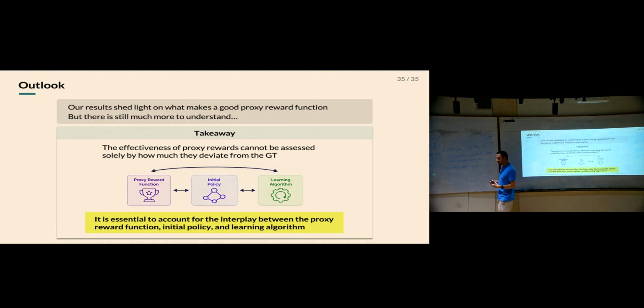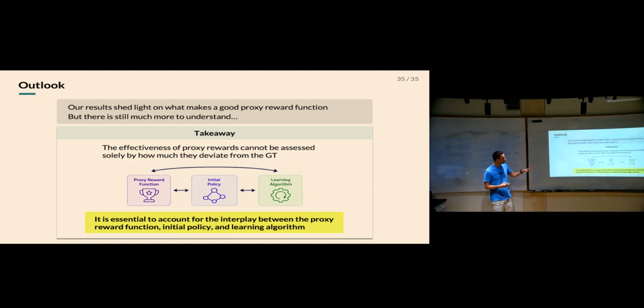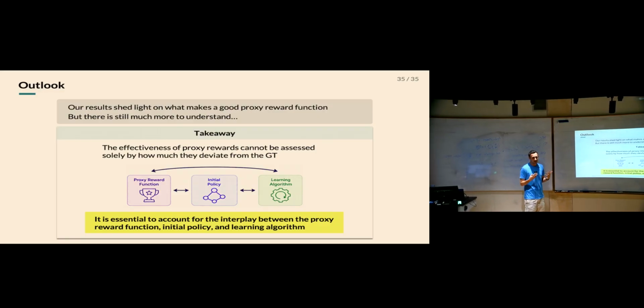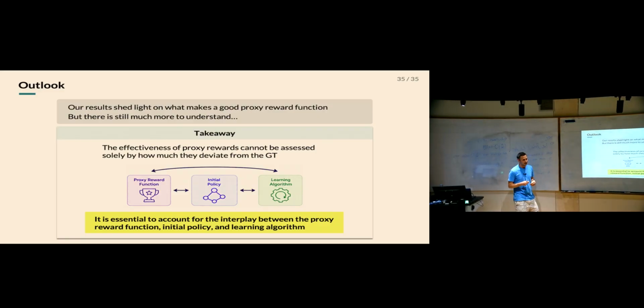It is only getting more important to better understand this interaction, given that these days AI agents are being trained on increasingly complex environments, mostly using proxy reward functions. I think we should understand this better. And that's all I had for today.